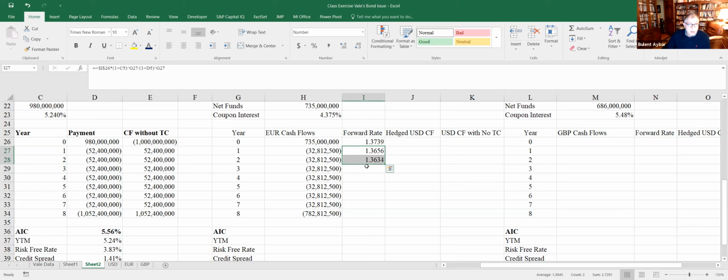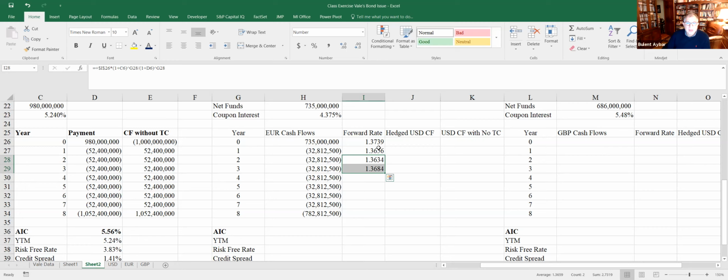And the 3-year forward rate is going to be the spot rate times 1 plus the 3-year interest rate to the power 3, divided by 1 plus the 3-year euro interest rate to the power 3. So that one is going to be 1.3684.